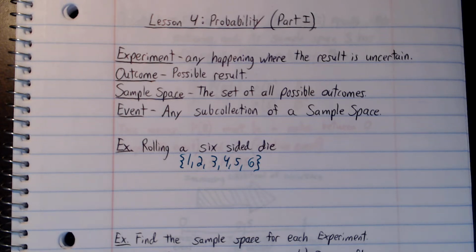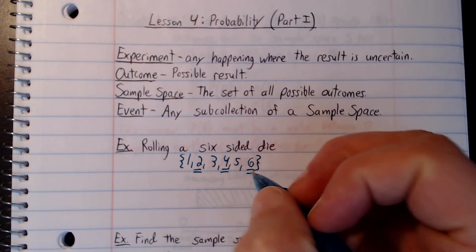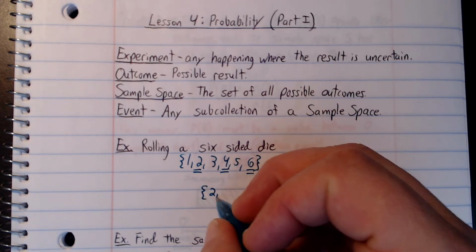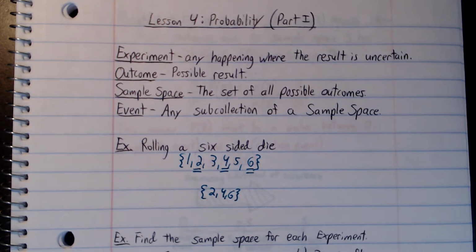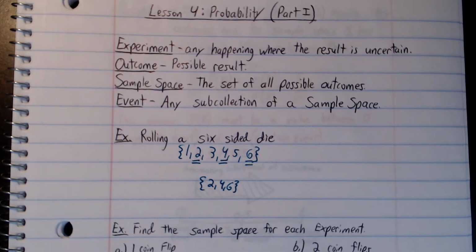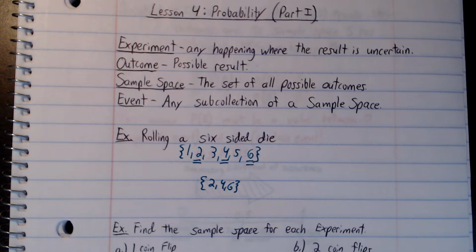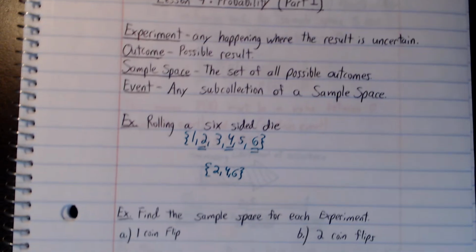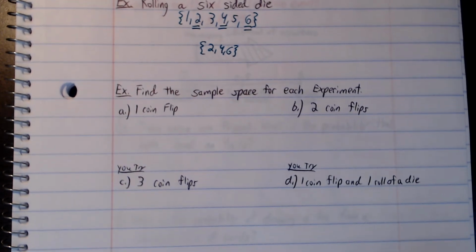So I could talk about maybe just the evens, in which case this would be our subset collection. Okay, so those are just each of those different things. I'm not going to be too concerned about asking you to define what is the outcome, what is the event. You should be able to distinguish that type of stuff, but that's not exactly what I'm interested in here. We're more looking at the mathematics behind it.